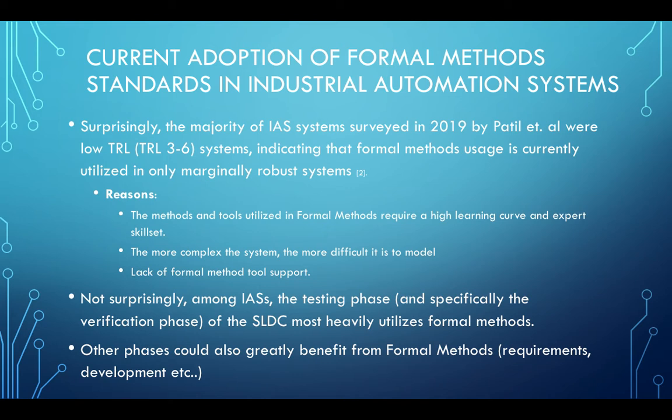So where a TRL 1 would indicate that a system has just been used to demonstrate the basic principles of functionality, TRL 8 would indicate that the system has been validated in a relevant environment but not demonstrated in a relevant environment. And then TRL 9, the highest level, indicates that the system has been proven in an operational environment.